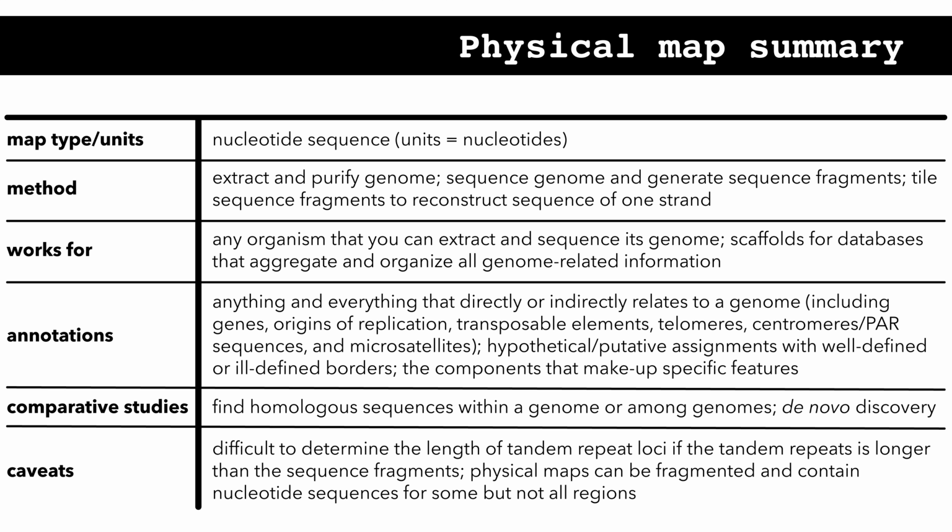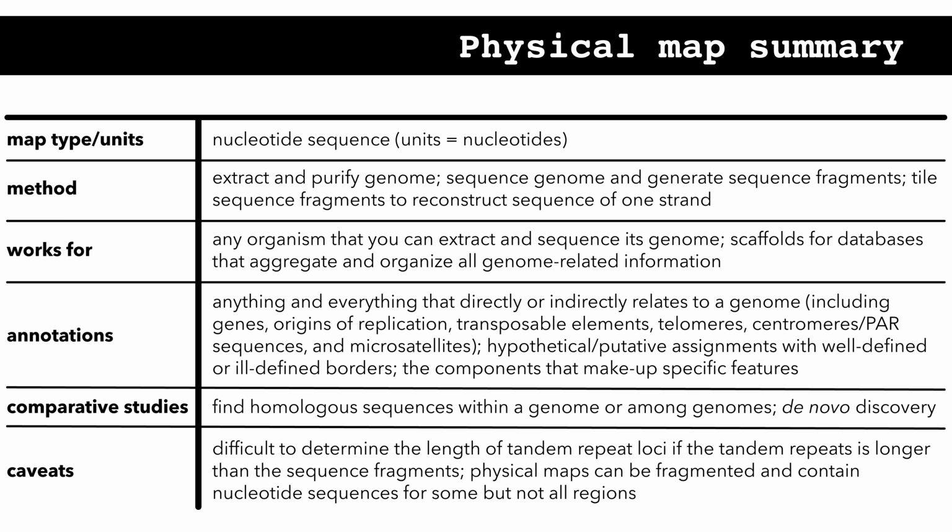So that concludes our conversation on physical maps. You can generate physical maps from every lineage and every type of nucleic acid, regardless of its type, strandedness, or form. A physical map is a nucleotide sequence regardless of its size. We can annotate a physical map with anything and everything that is directly or indirectly related to an organism's genome.